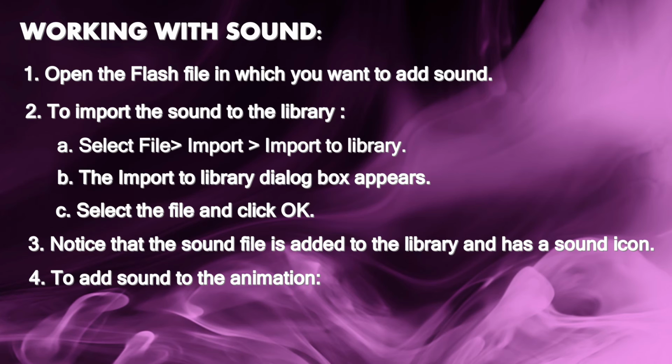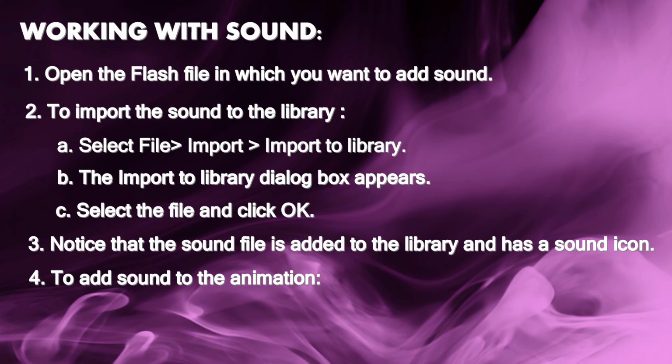Working with sound. Now let us learn how to import a sound file in Flash and add sound to an animation. Flash supports various sound formats like MP3, AIFF, WAV, etc. Open the Flash file in which you want to add sound.